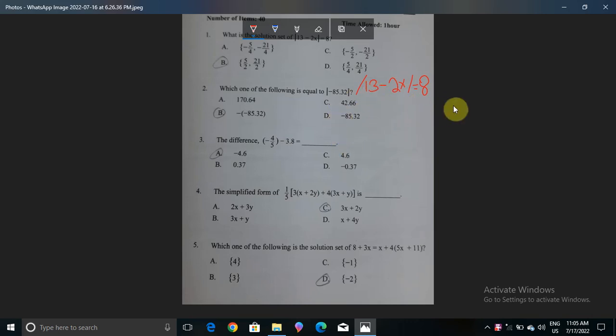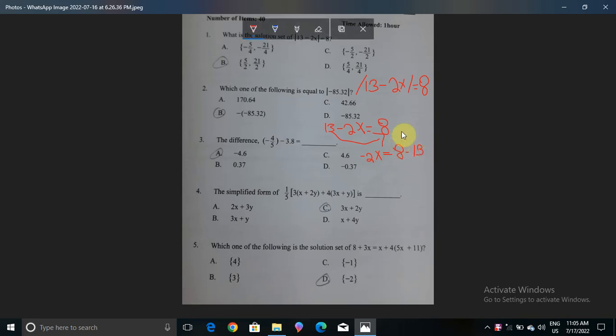So here, 13 minus 2x is equal to 8. Then we will shift 13 to the other side. That means it will be negative 2x, which is equal to 8 minus 13.